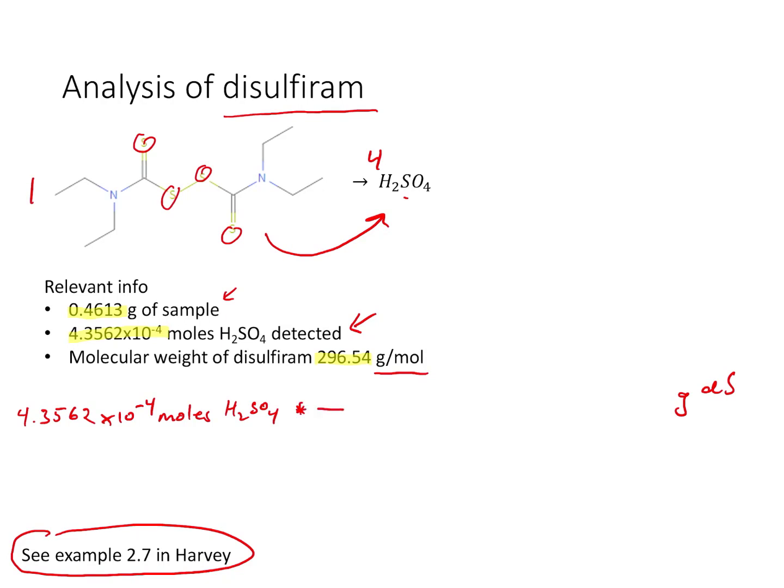Okay, so now we have a strategy for how we're going to get there. We need to get rid of the moles of H2SO4, 1 mole of disulfiram, that gets rid of moles, and then we can use the molecular weight, 296.54 grams of DS and 1 mole of DS.